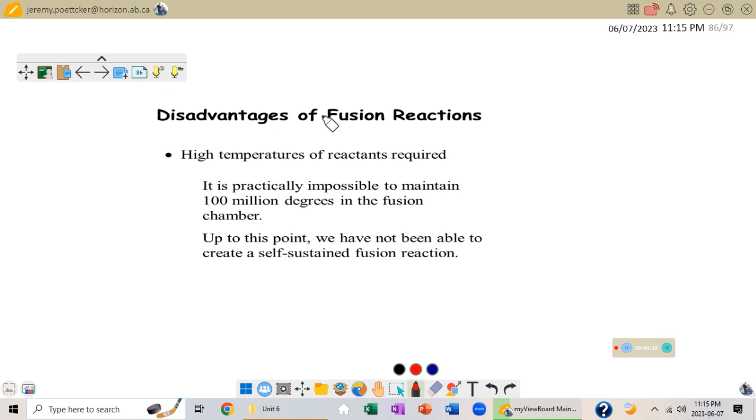Now, here are some disadvantages. And these are problems people are still working to solve. It is nearly impossible to maintain the 100 million degrees temperature that the fusion requires. Up to this point, we have not been able to create a self-sustained fusion reaction.